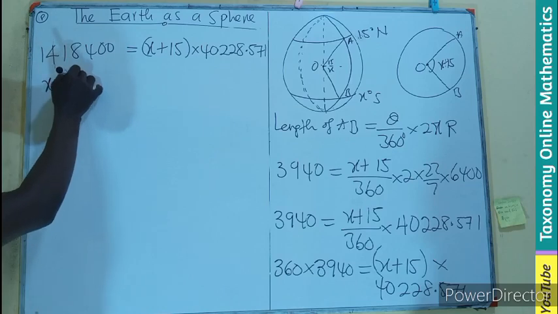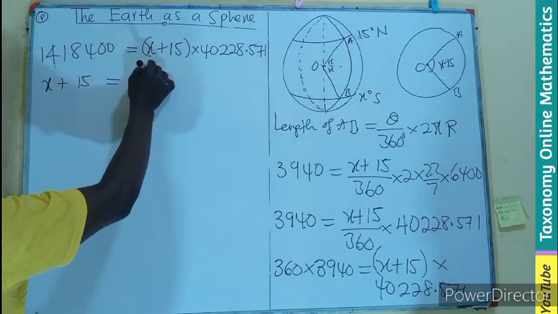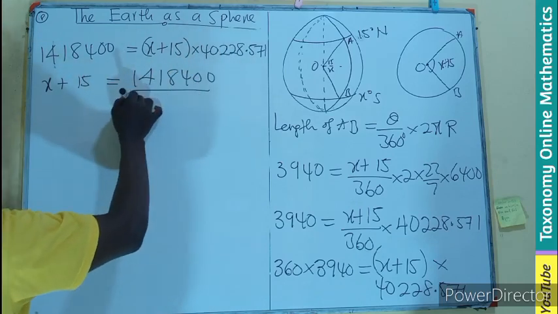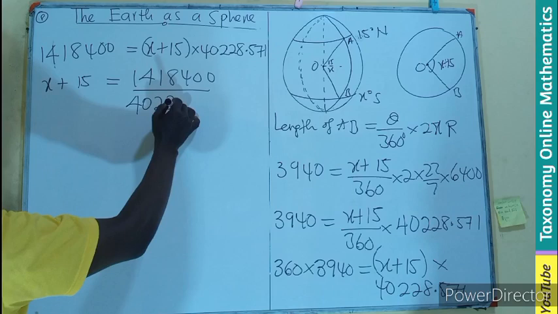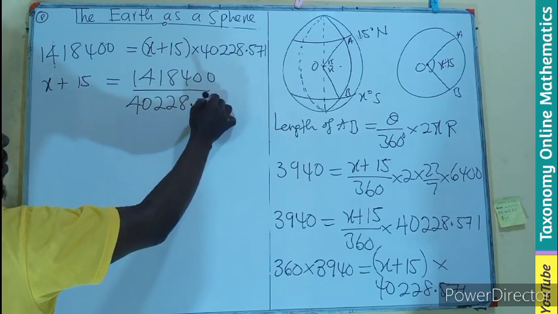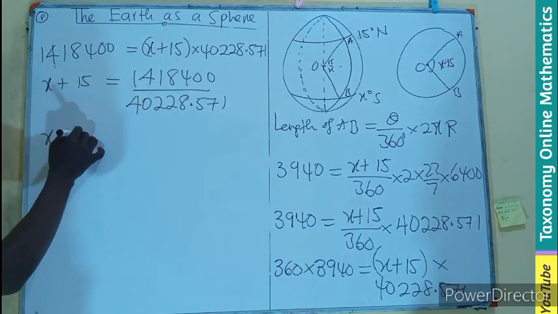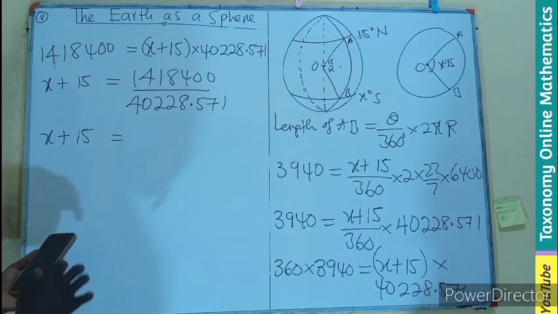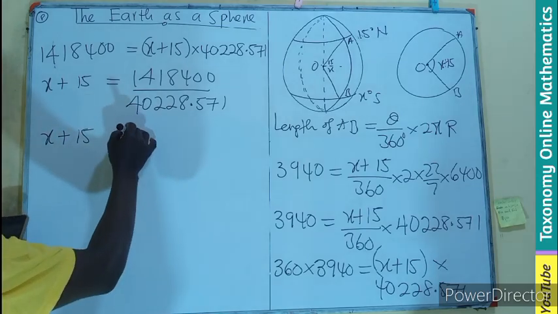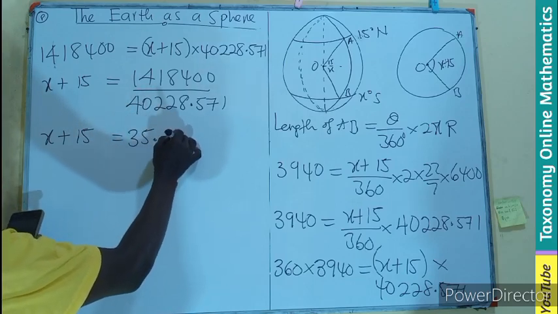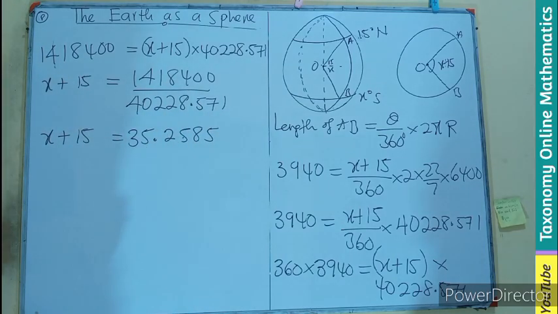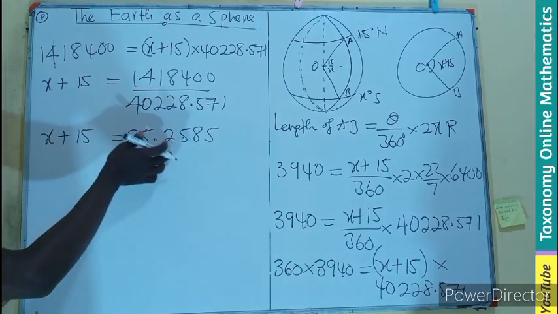So your X plus 15 remains, then 1,418,400 will be divided by that coefficient, 40,228.571. That will be giving us 35.2585. But we are looking for X, so we subtract 15 from both sides.